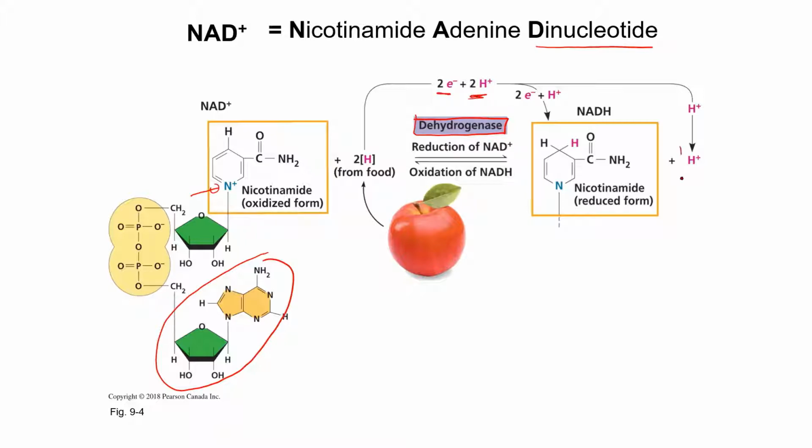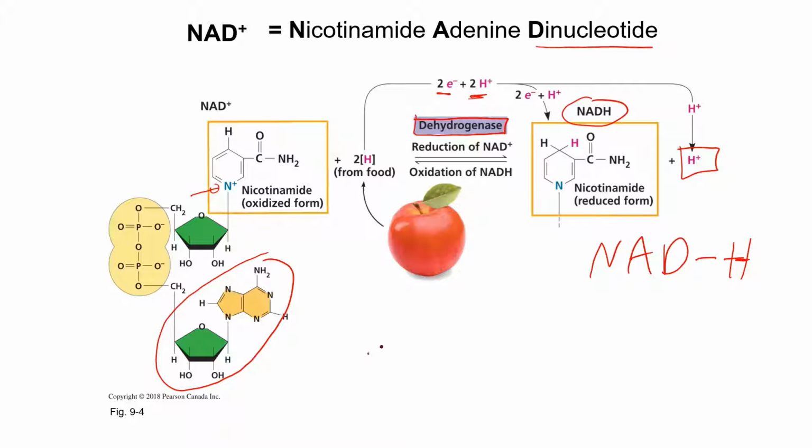One of the hydrogens just becomes free out by itself, and it neutralizes the charge on NAD+, and so we get NADH. So often when I think of NADH, I think of it as NAD, the acronym, and then H, literally meaning hydrogen atom. Sometimes I actually draw it like that, just to remind myself that the H is actually a hydrogen and there's 2 electrons in a chemical bond.